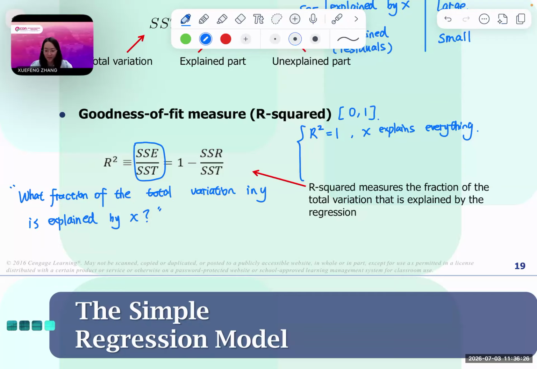Next, suppose R squared equals half. It means X explains 50% of variation.